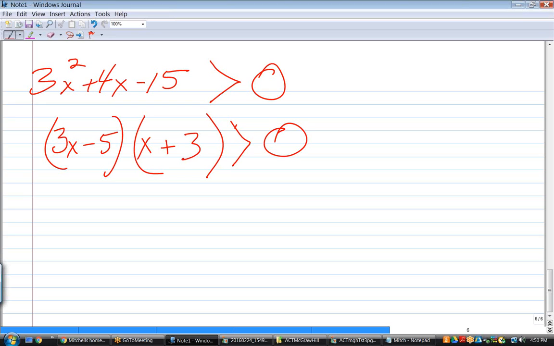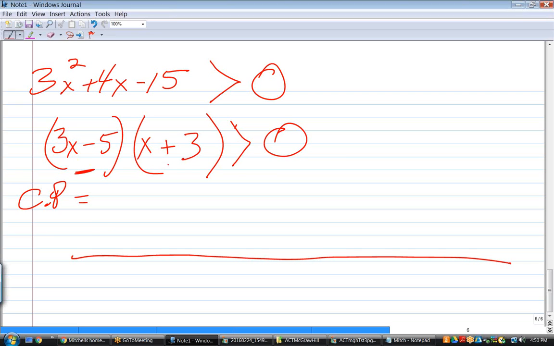When you're solving these kinds of problems, you need to use a line chart. What are my critical points? Is it negative 5/3? Positive 5/3? The critical points are whatever makes that 0 or that 0.